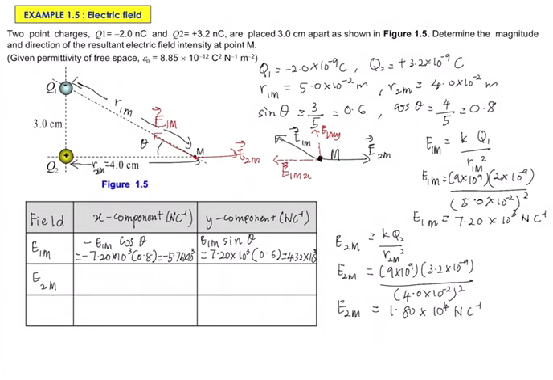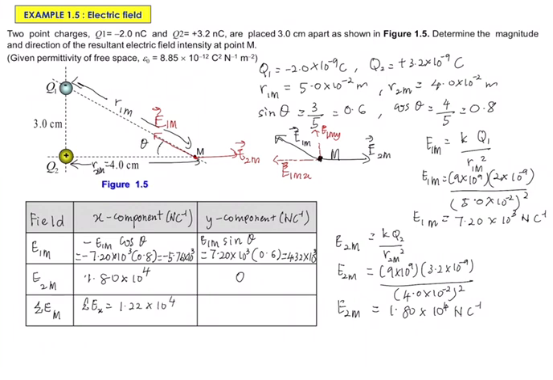Next, E2M is just in the X component, so you just write down 1.8 times 10 power of 4. And then the Y component for E2M is 0. Then you sum up for EM. The summation of E in the X component is 1.22 times 10 power of 4.